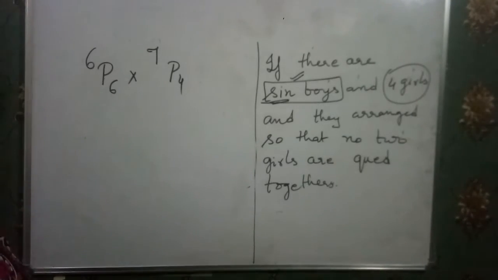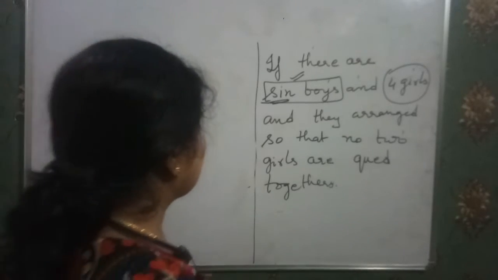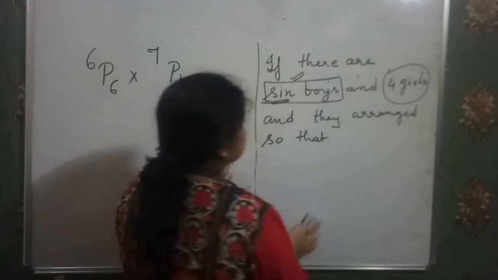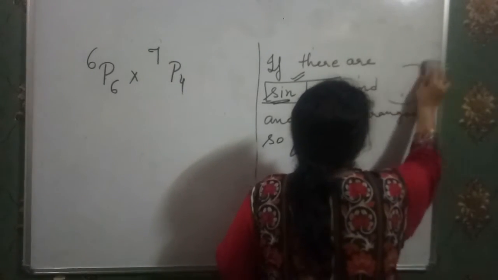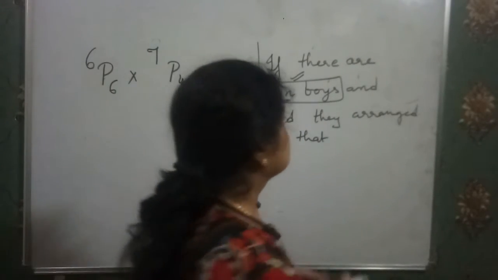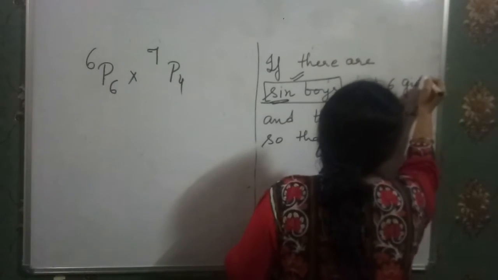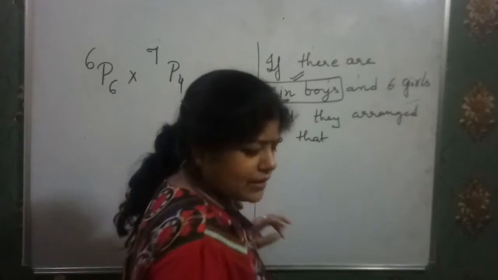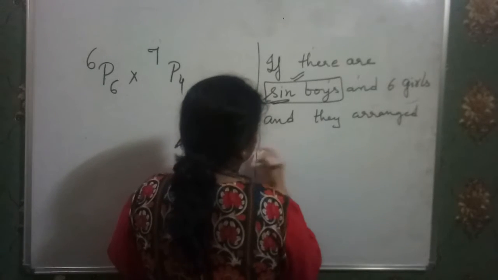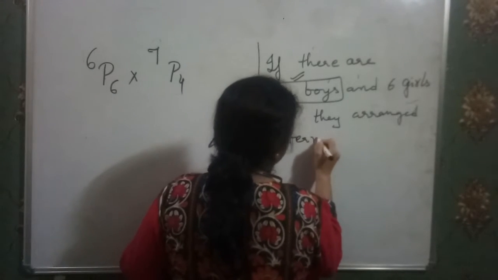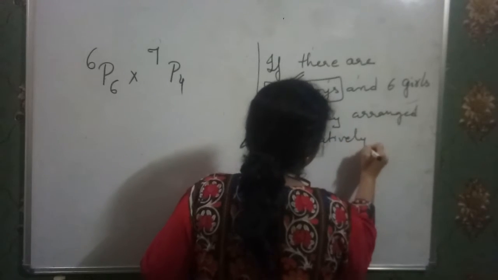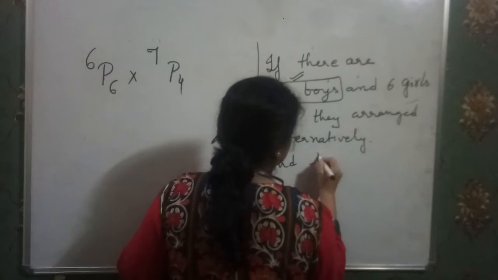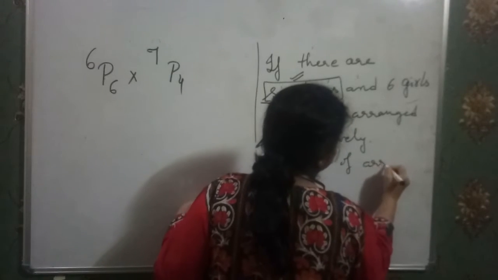Clear? Suppose I take one more case: I have here 6 boys and 6 girls, and they are arranged alternatively. Find the number of arrangements.